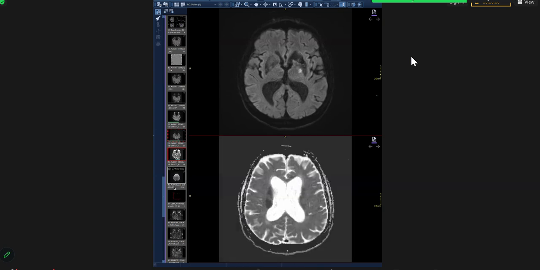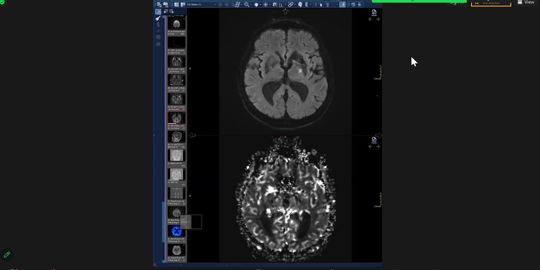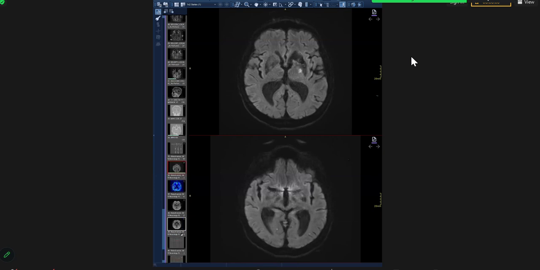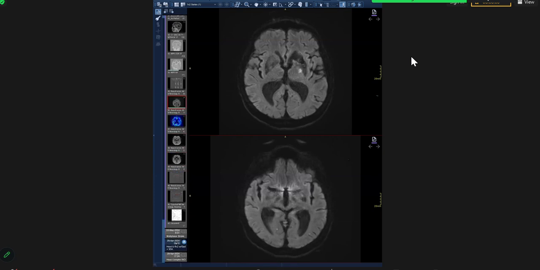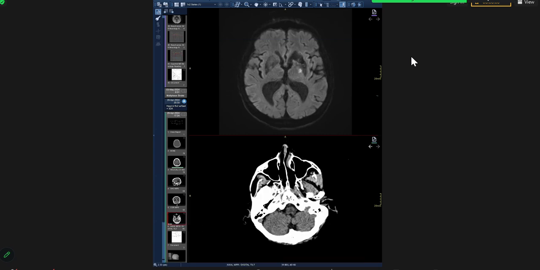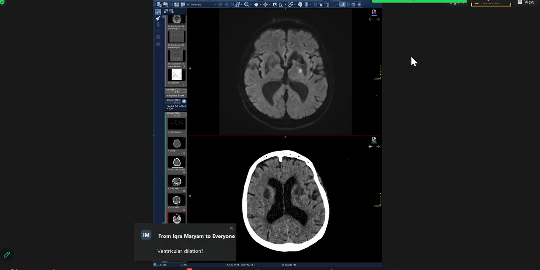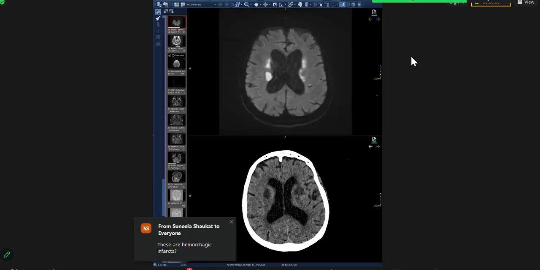So this patient did not regain consciousness. She was comatose throughout because the process kept repeating itself. Any questions about this case? And yes, basilar tip occlusion can also cause basal ganglia infarcts. Ventricular dilatation, she is 57.